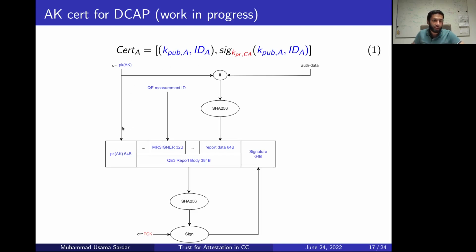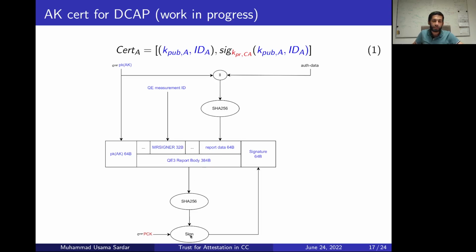So let's see here from the implementation what we have from the Data Center Attestation Primitives. The understanding so far is that the structure contains this public key. The second thing, which is the identity, in our understanding is representing the MR signer. Then we need the signature over both of these, and the hash of this public key is taken and becomes part of the report data, and then these two things together are taken.